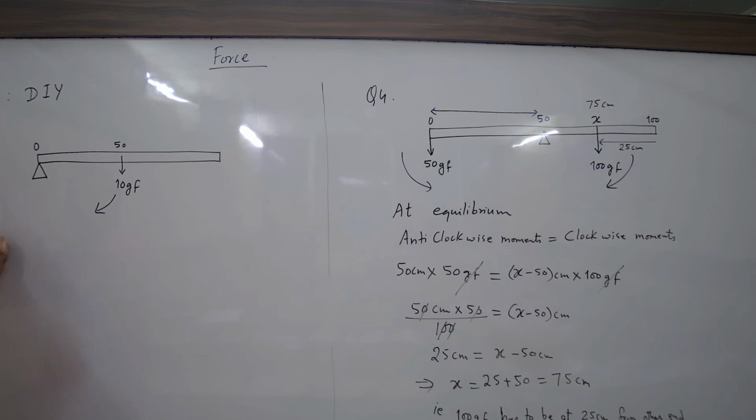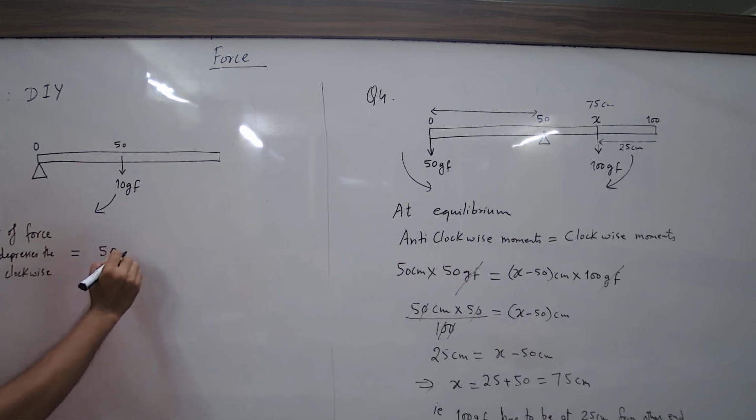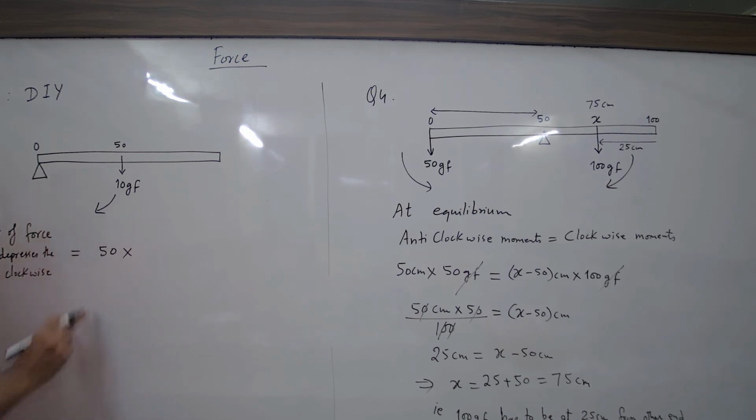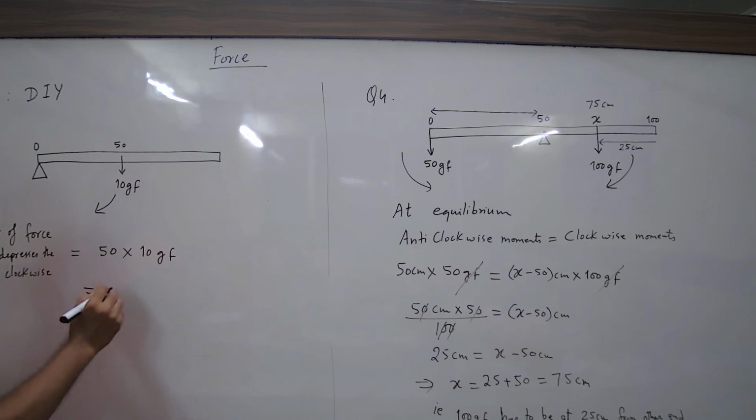The force that depresses the rule clockwise is equal to 50 into 10 gram, where 50 is in centimeter, so this would be 500 gram force centimeter, clockwise.